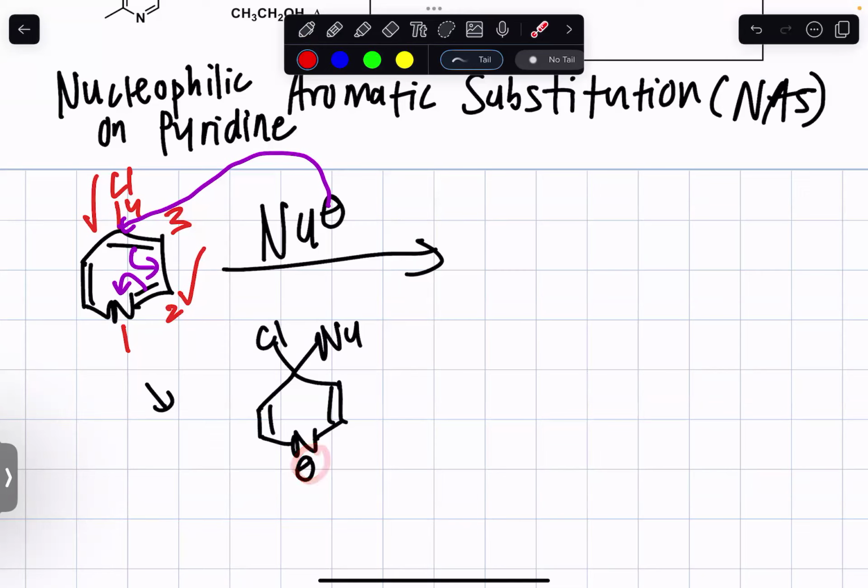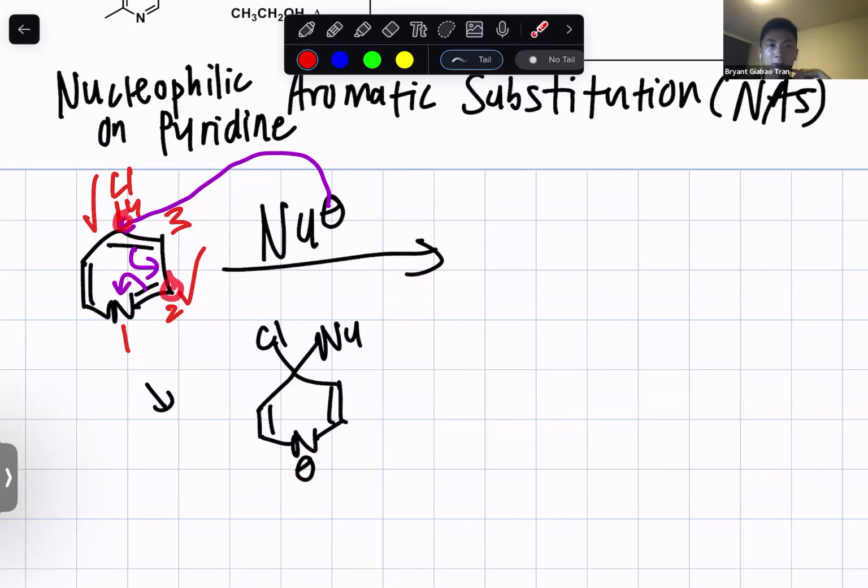That's what we want. That's a good thing, which is why positions 2 and 4 are where the nucleophile attaches if there's a good leaving group there, because that allows this nitrogen to have a negative charge. I'll show you an example where, if there was a leaving group at the 3rd position, there would be no negative charge on the nitrogen, but I'll show you that later after this one.